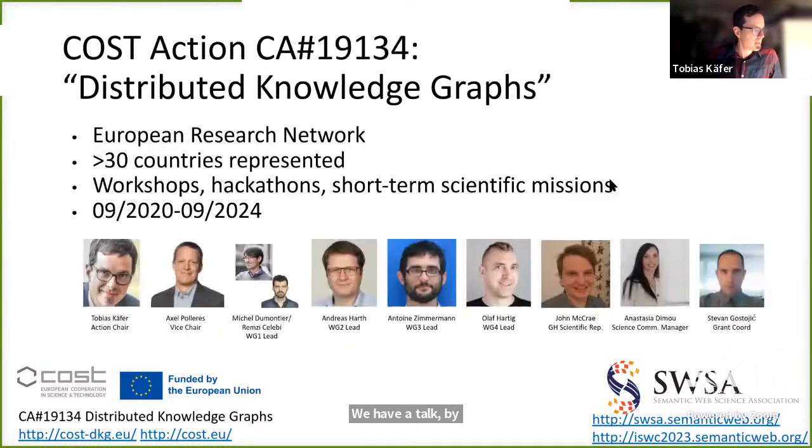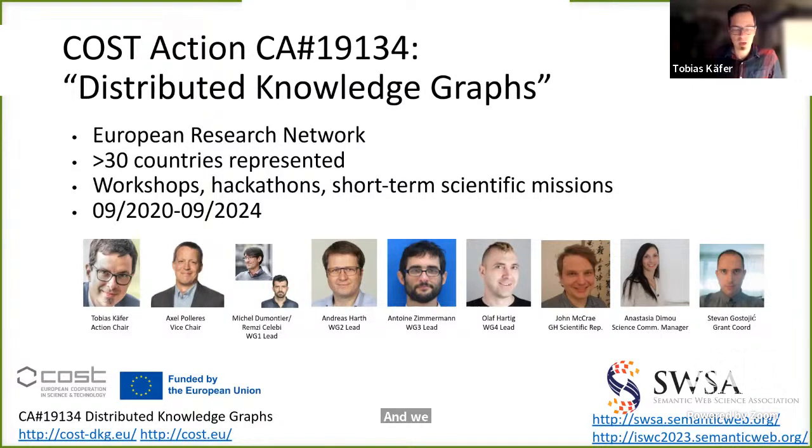What is this COST Action? It is a European research network where more than 30 countries are represented. We run workshops, hackathons, and short-term scientific missions, for which you can also apply. This overall runs from 2020 to 2024, so we have a few months still on the project, and we are now in our final year.